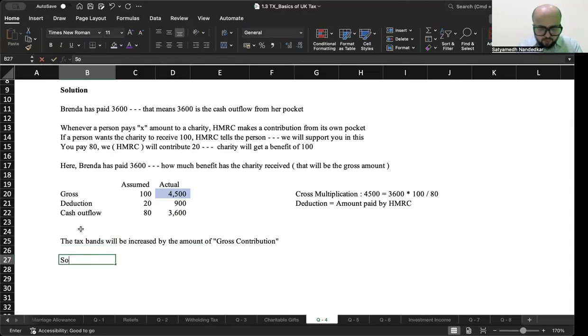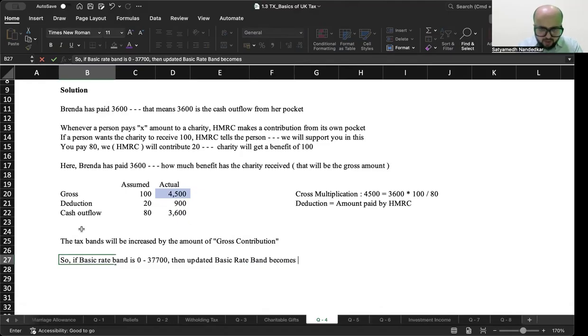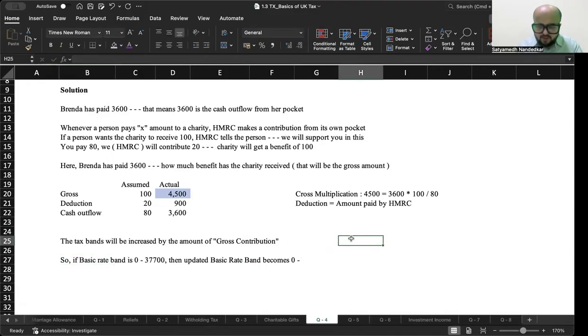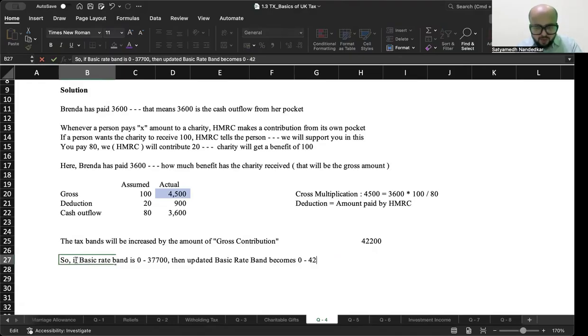So if the basic rate band is 0 to 37,700, then the updated basic rate band becomes 0 to 37,700 plus 4,500, 42,200. So the basic rate band becomes 0 to 42,200.